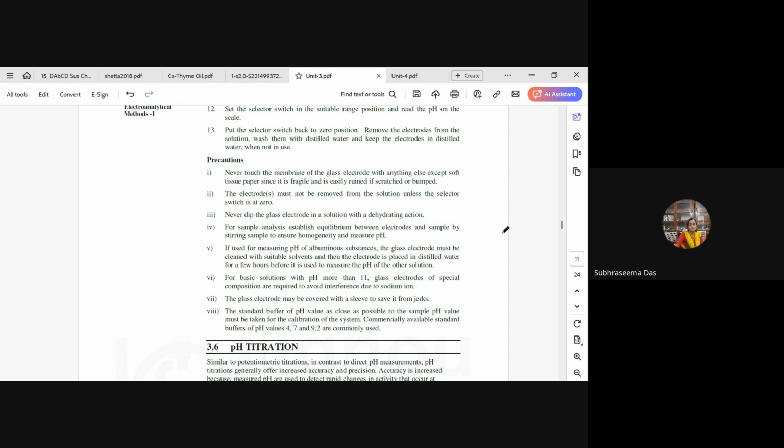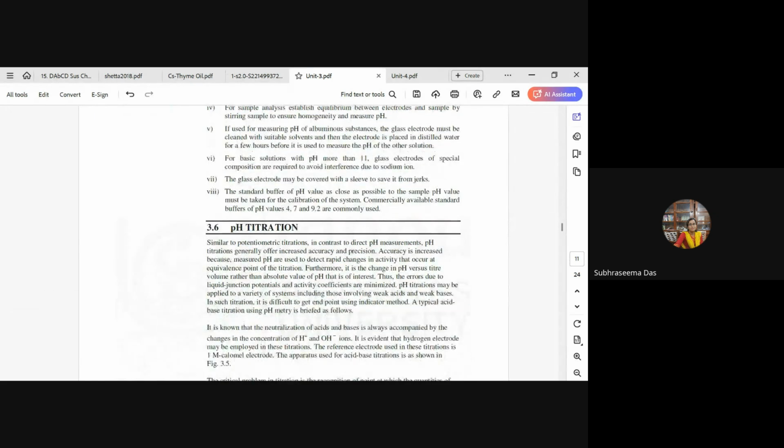Then the glass electrodes may be covered in a sleeve to save them from jerks, and the standard buffer pH value should be very close to the possible pH value of the sample. Commercially, we can always take buffers of pH 4, 7 and 9.2. So these are some of the precautions that we need to take while measuring the pH.